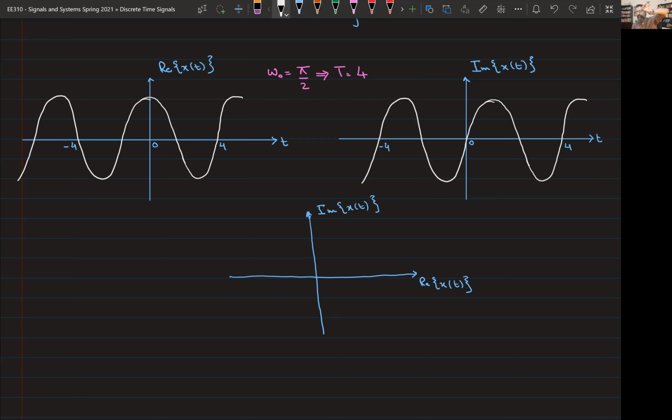I cannot actually look at the time, so it looks like a circle. Excellent. I see a point moving on the circle. At time t equals 0, this is where the point was. Let me draw a circle here.